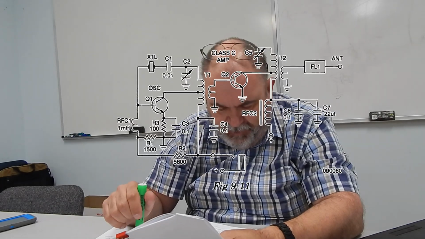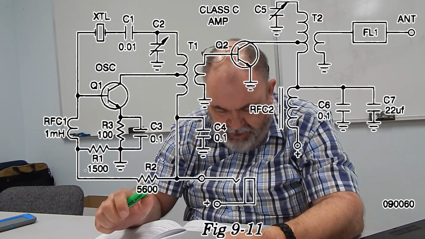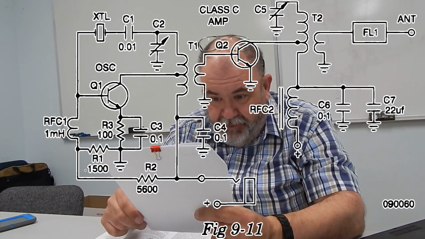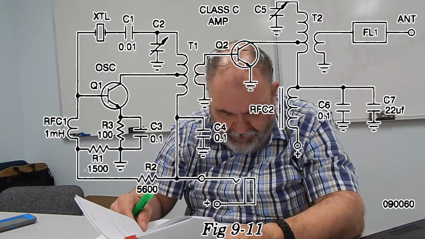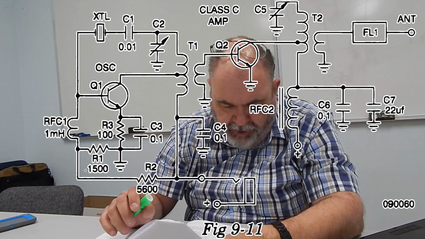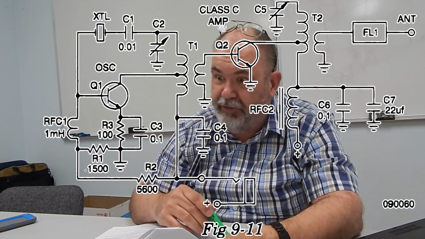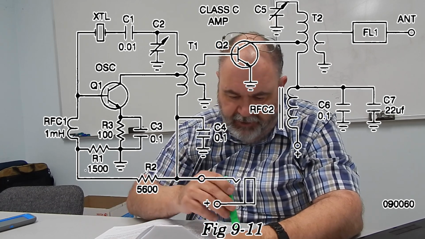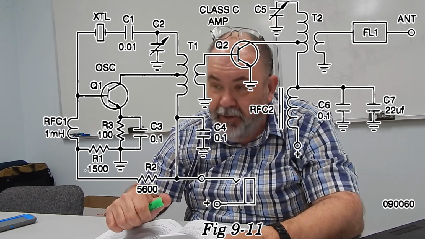It's basically just an oscillator and an amplifier. And we're going to look at the schematic diagram of the two-stage CW transmitter down near the bottom of page 9-10, figure 9-11. On the left-hand part of it, it's even labeled OSC, oscillator, so that Q1, that transistor, is an oscillator.